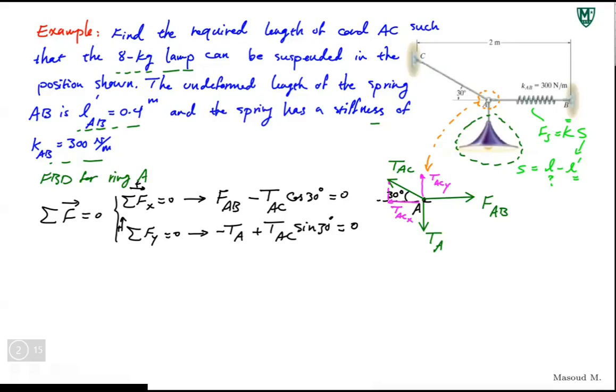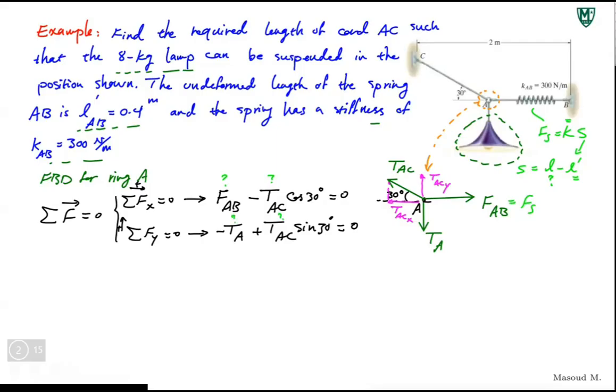Or FAB in this case is equal to Fs. We don't know FAB. TAC, the force in cord AC, we also don't know that. TA also we don't know what it is.